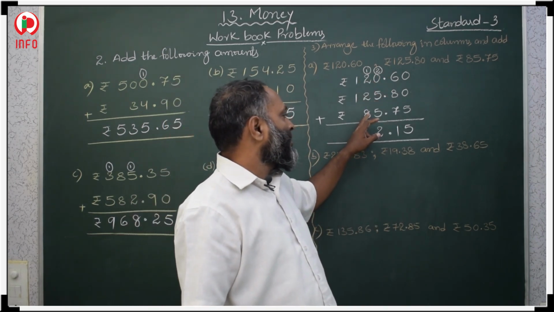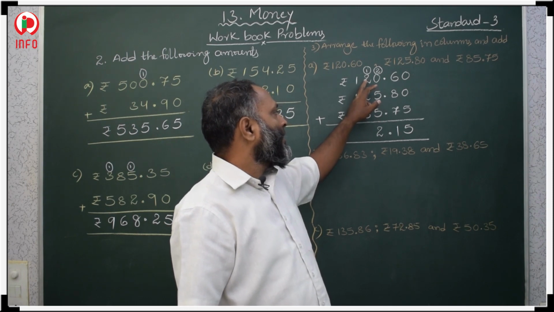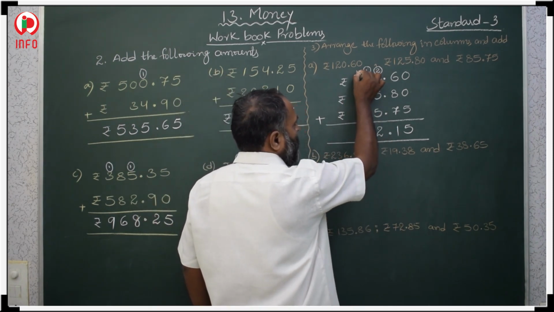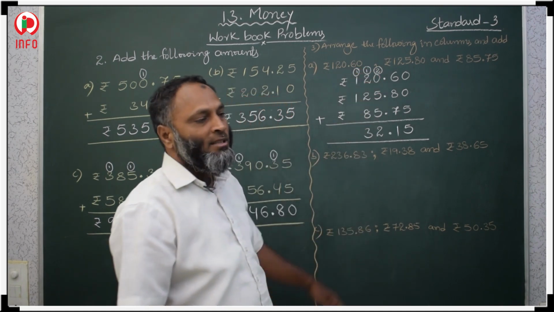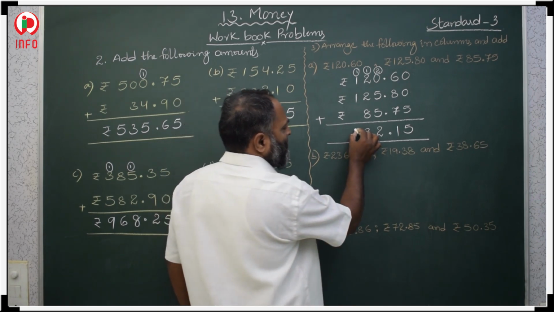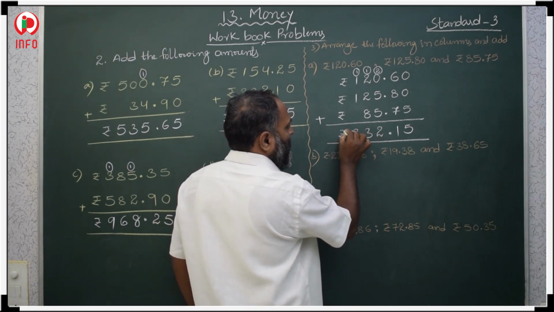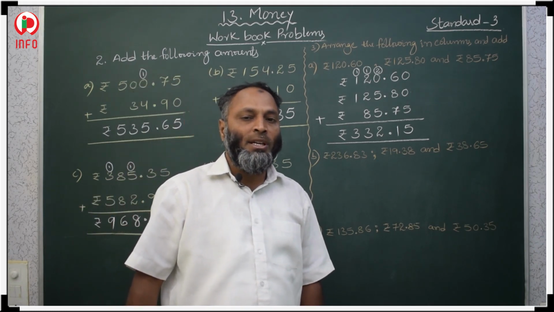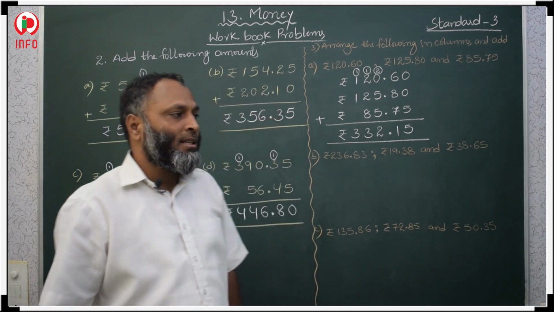Then 8 plus 2, 8, 9, 10, 11, 12 and 13. 13 means 3 in the tens place and 1 we take as carry over to the hundreds place. 1 plus 1, 2. 2 plus 1, 3. 332 rupees 15 paisa. Okay. So, this is the sum.